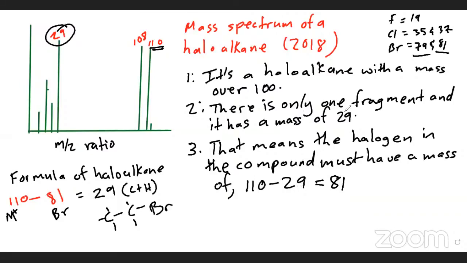Not 28, 110 minus 29. Yes, that is 81. So the only fragment has a mass of 29, so that means your halogen is the molecular ion minus 29.